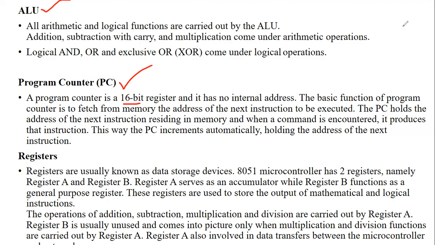What does it mean? Suppose there is one program having these 4 lines, 1, 2, 3, 4. These 4 instructions are to be executed by the microprocessor.